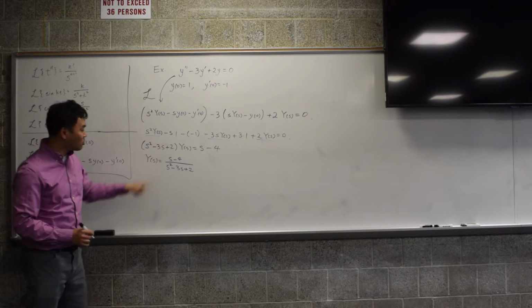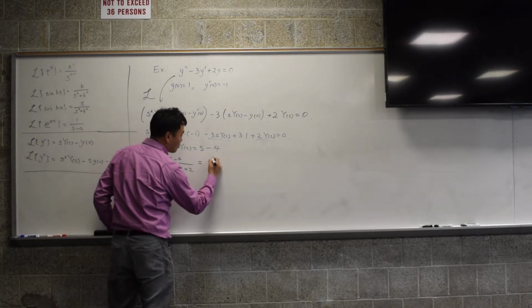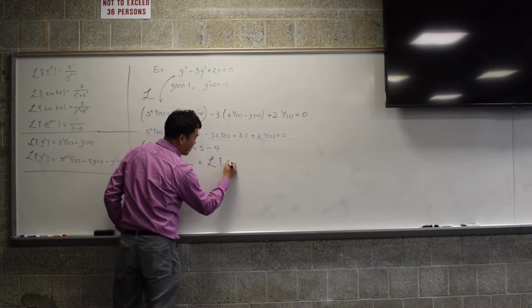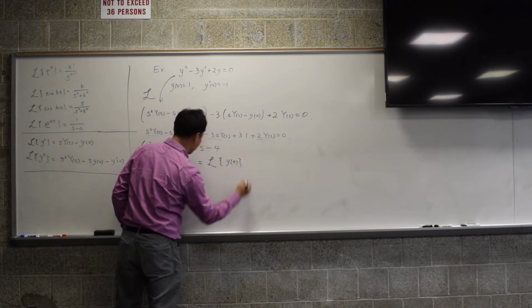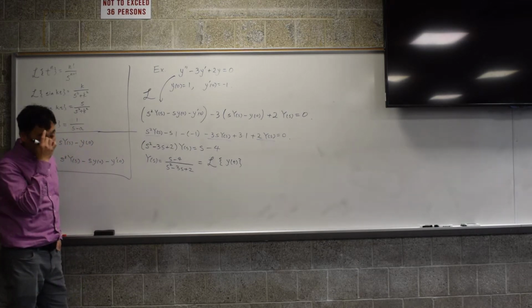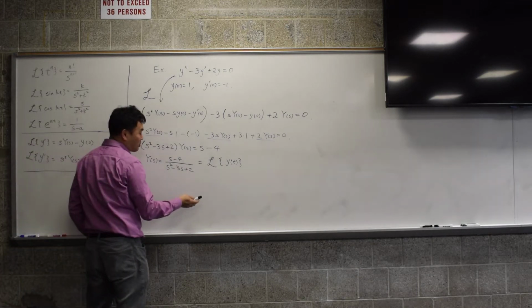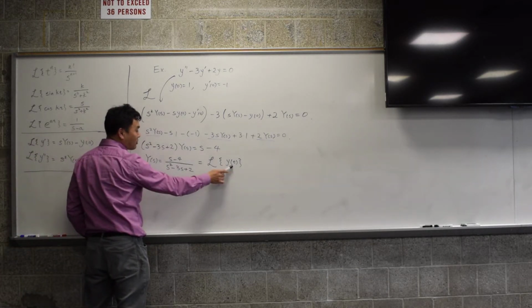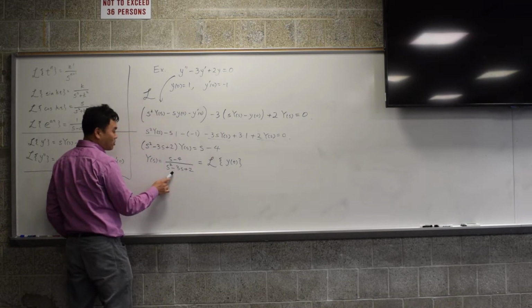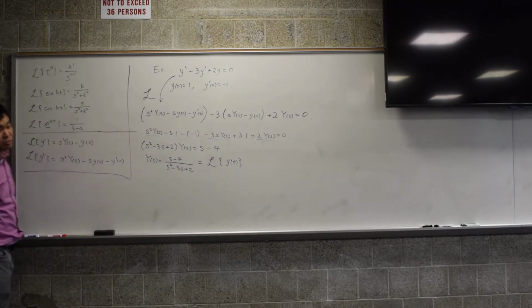So this is really the Laplace transform of what you're aiming for. And we have to somehow figure out what function it is that would produce this as its Laplace transform. That's the challenge. Okay, how do we do that?